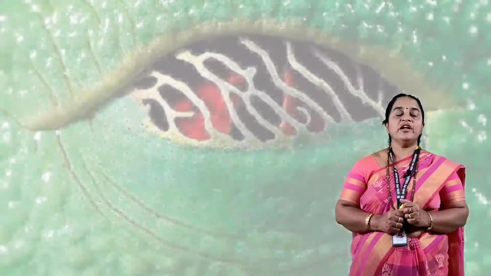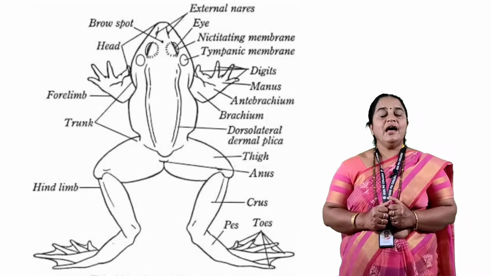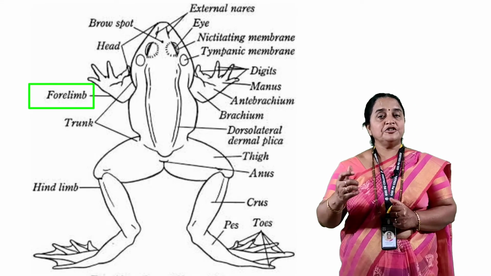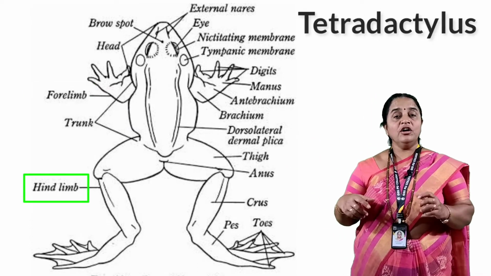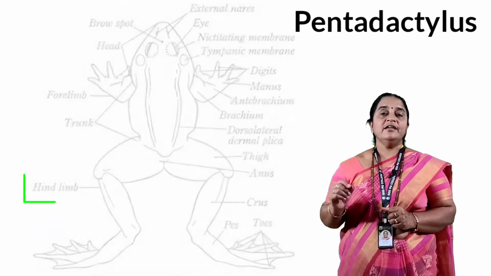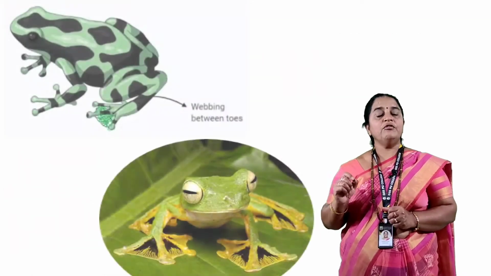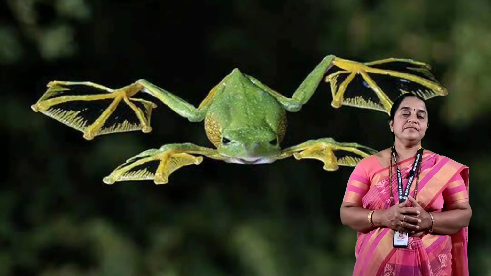Eyes are also protected by a nictitating membrane. Abdomen has unequal limbs. Forelimbs are short, tetradactylous. Hind limbs are long, pentadactylous, where the digits have a membranous sheath. Hence, we call them webbed feet.